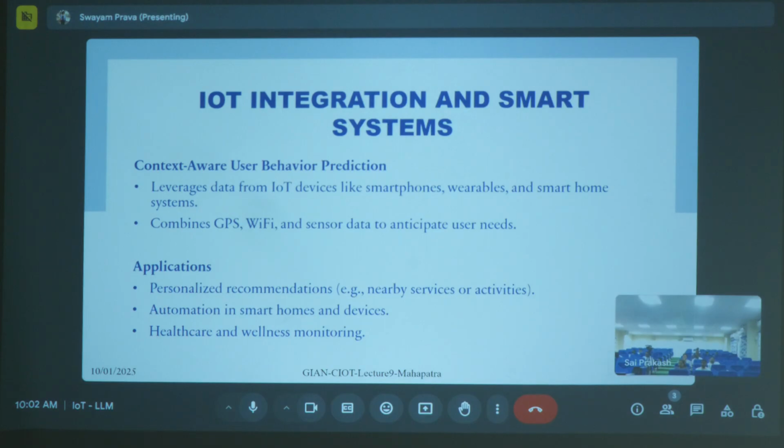This involves using data from various IoT devices, like your smartphones, wearables like your smartwatch, and smart home systems, like your Google Home or any of your Amazon Home devices, which anticipate user needs.